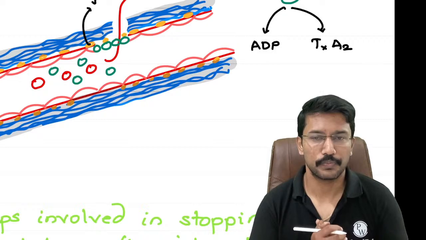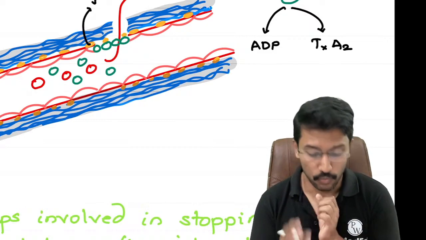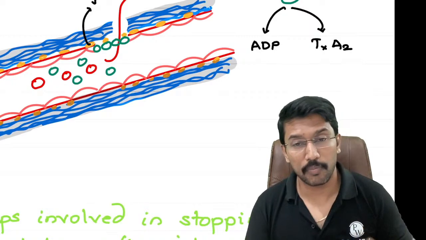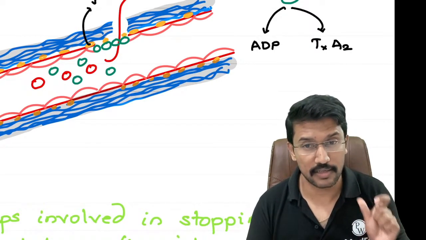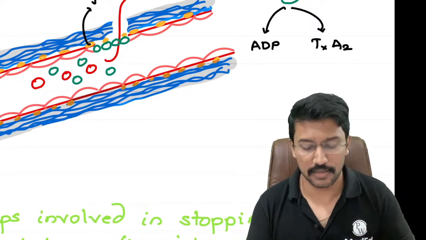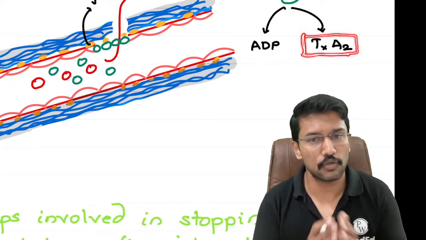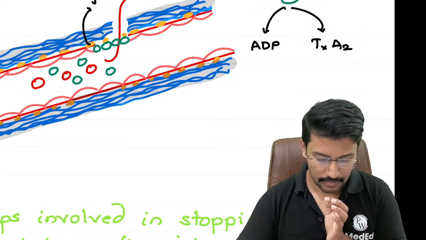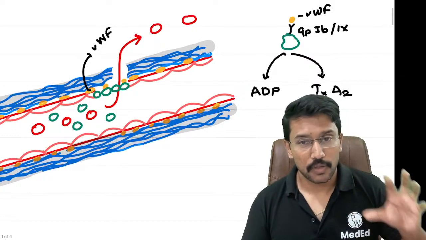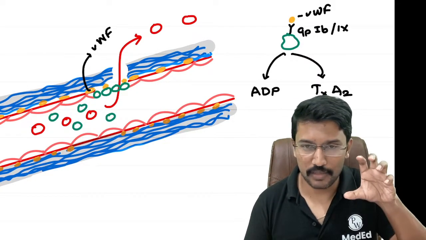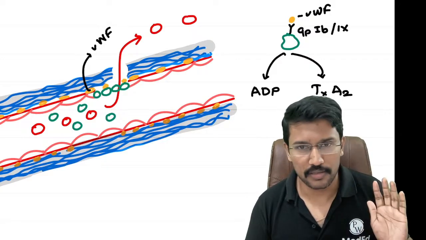Now we know why we use aspirin as an antiplatelet agent. Why is aspirin called an antiplatelet agent? Because it inhibits the synthesis of thromboxane A2. So if I inhibit the synthesis of thromboxane A2, the initial steps in the prevention of blood loss are not affected. The vasospasm or constriction of the blood vessel is not disturbed.